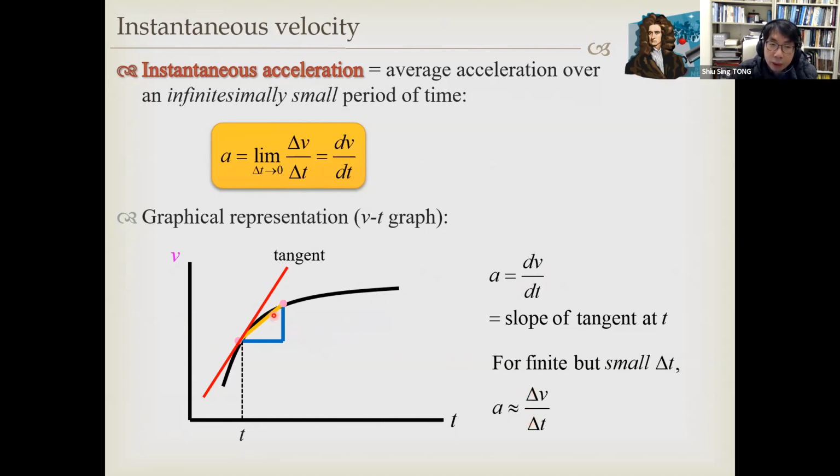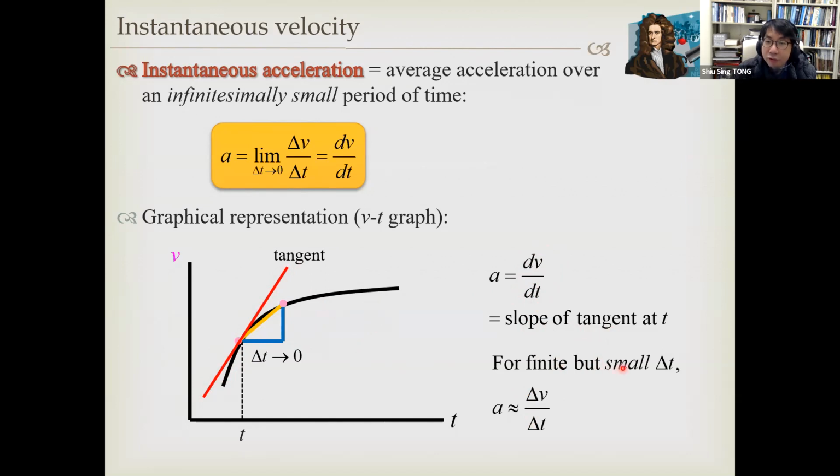Delta v over delta t represents the slope of the yellow line. But if my delta t tends to 0, the two points here become very close together, and the yellow line becomes the red line, which is the tangent to the curve. So the instantaneous acceleration is just the slope of the tangent to the curve, to the vt graph, okay?